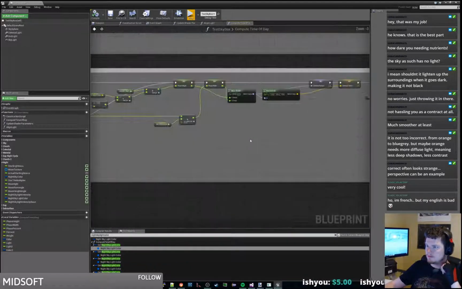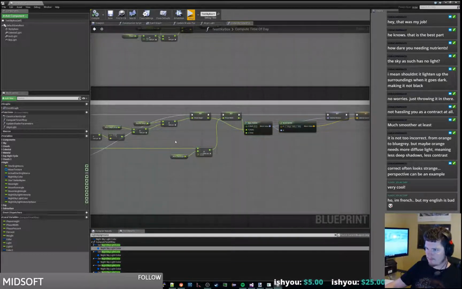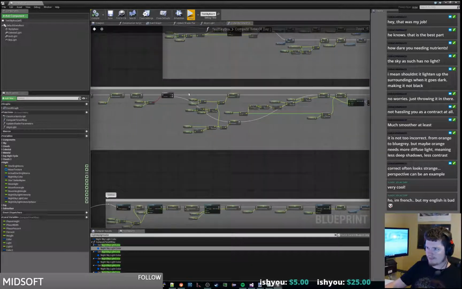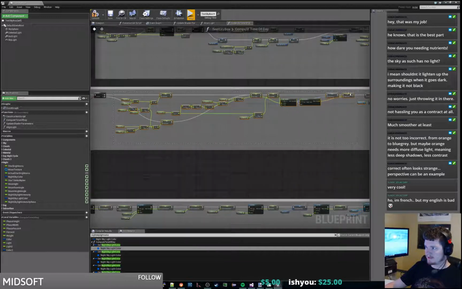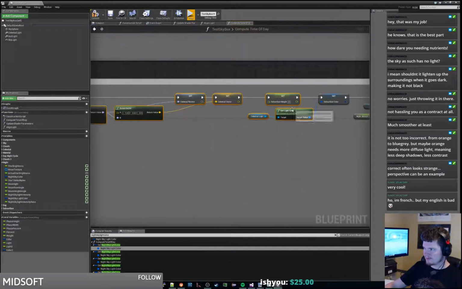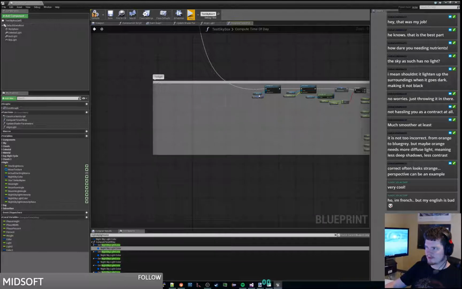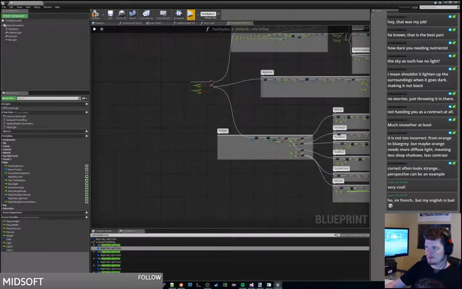Alright, so we've got all this math right here in order to actually set our celestial vector. And what we need to do is make sure that we actually calculate that stuff during the twilight state as well.